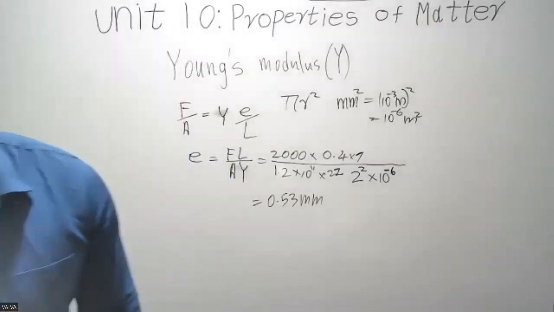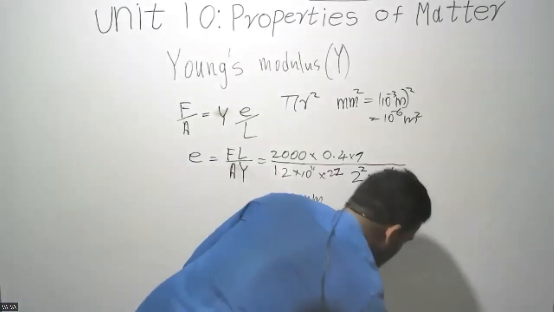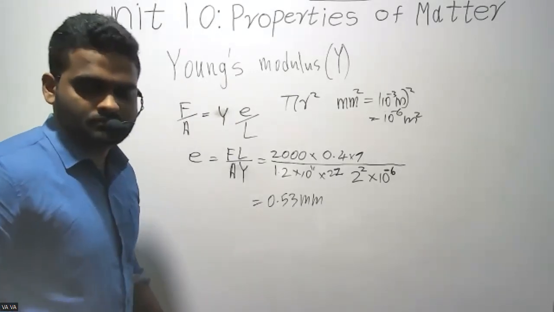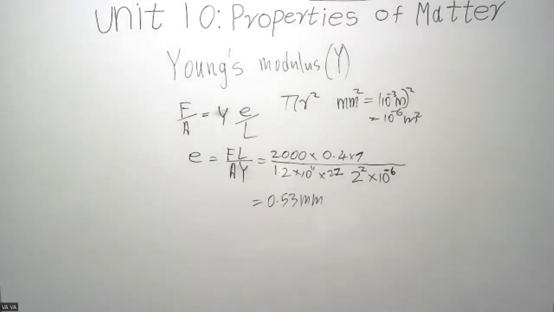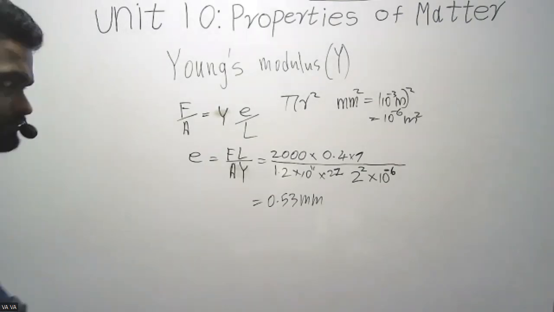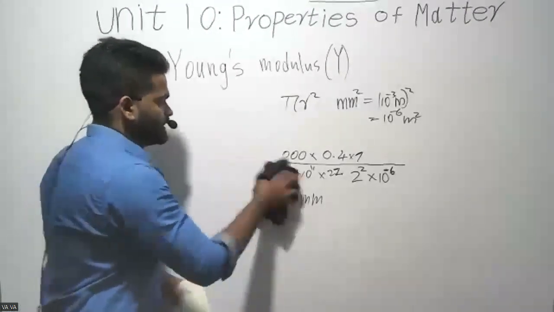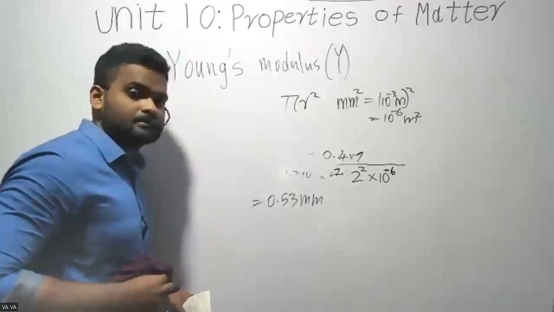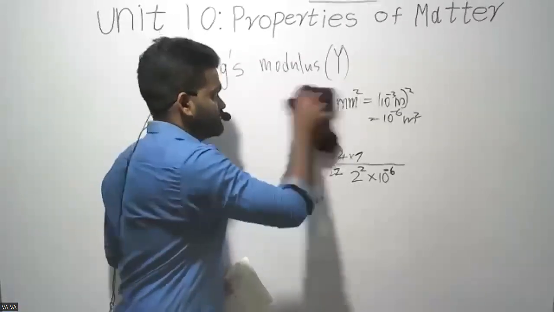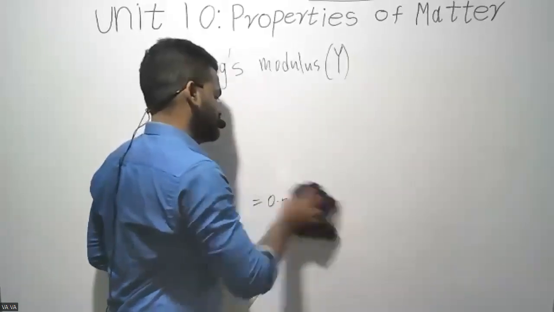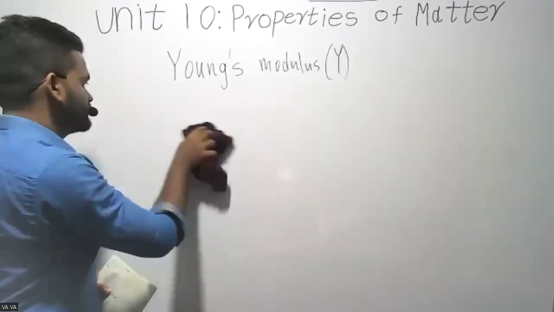Right, 0.53 millimeters. Okay, then write the topic. This is one of the key parts of this lesson.